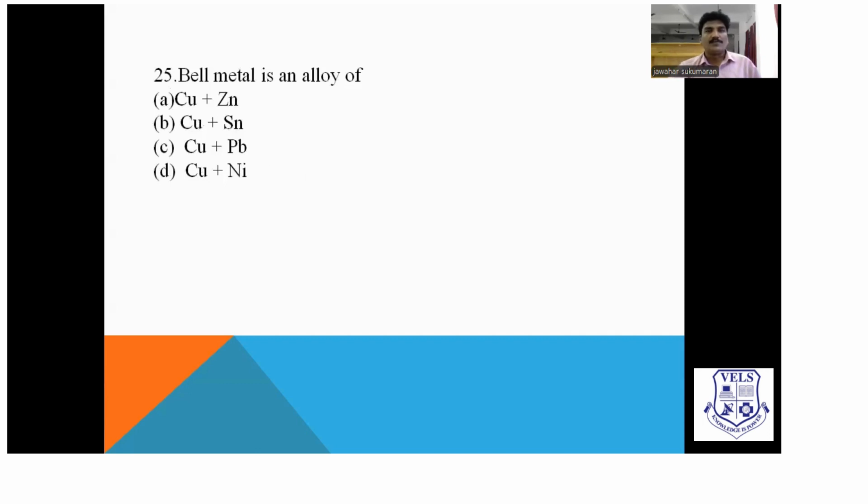Bell metal is an alloy of A. Cu plus zinc, B. Cu plus Sn, that is tin, C. Cu plus Pb, lead, D. Cu plus nickel. Answer is B. Cu plus tin. Bell metal is an alloy of copper and tin.